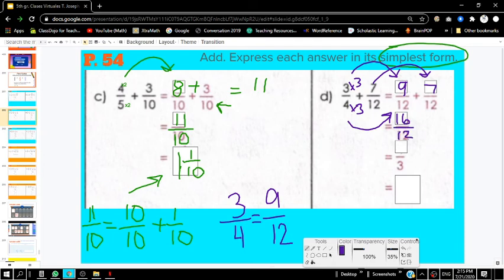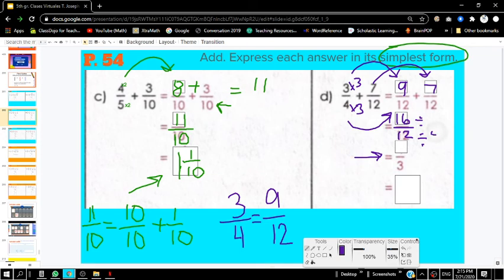But we have a problem. We need to simplify that more. And the next step says that we need to change this to thirds. I wonder why. Well, it's because we can still simplify this fraction even more. If I divide both 16 and 12 by the same number, I can simplify that. What number should I divide by?